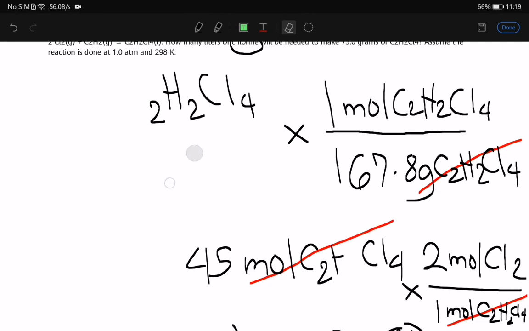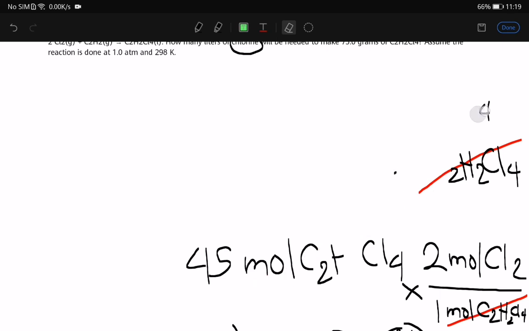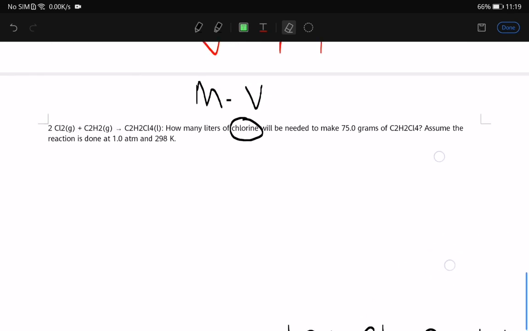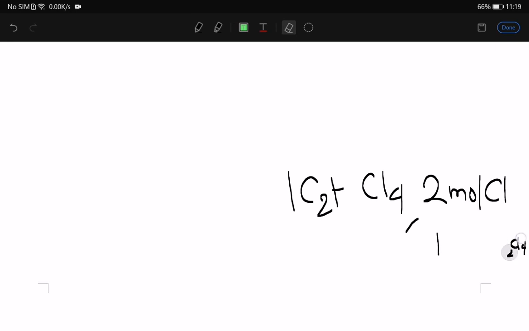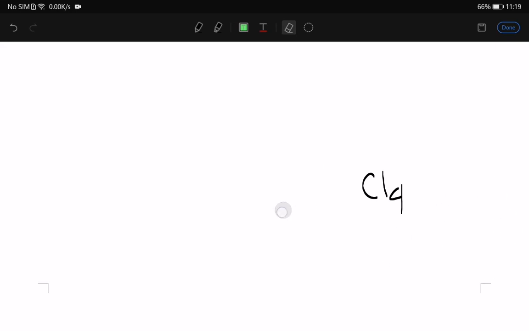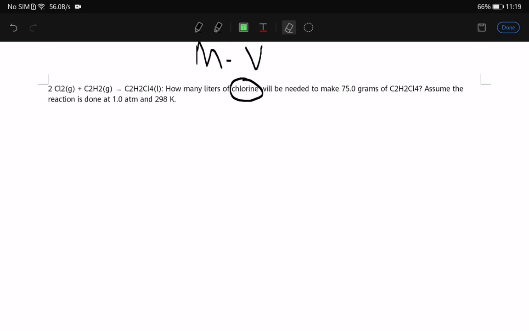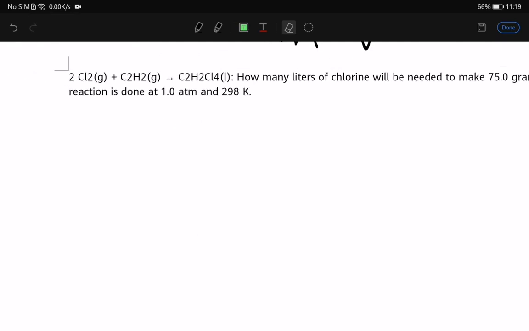We will solve now for the volume in liters. So we're looking for your volume.